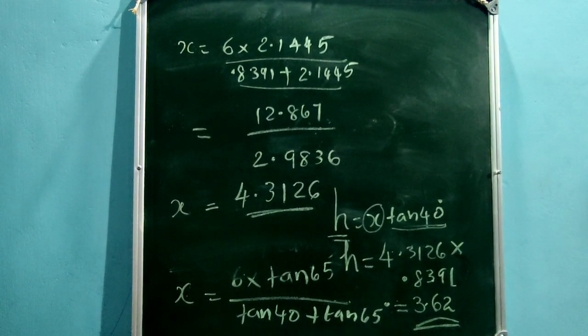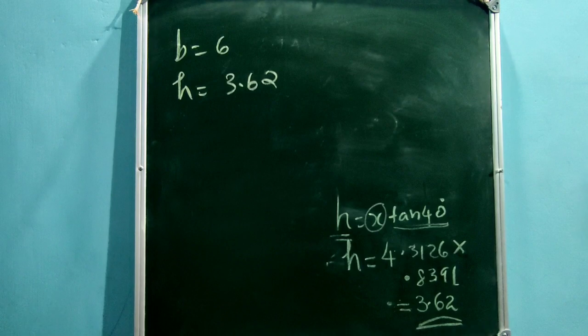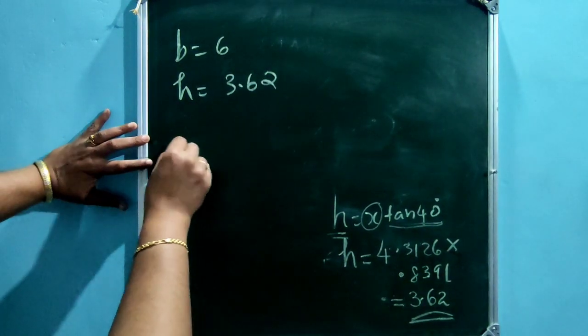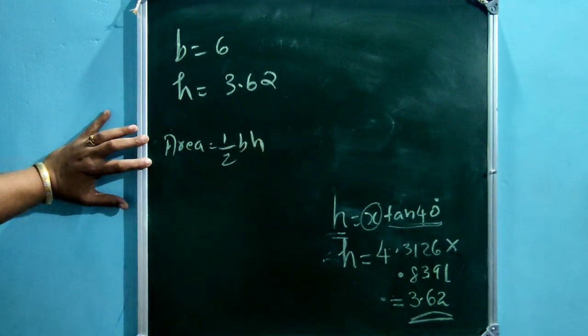So we have the base and the height of the triangle. If we have the base and the height, then we can calculate its area, right? So we have b is equal to 6 and h is equal to 3.62. Then what is area? Area is equal to half b h.